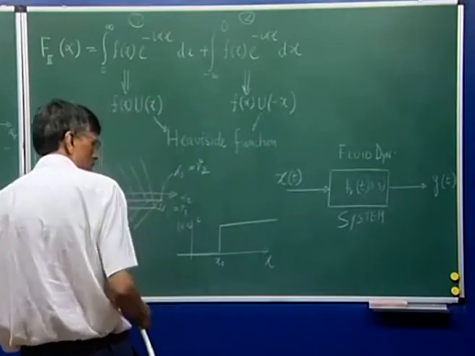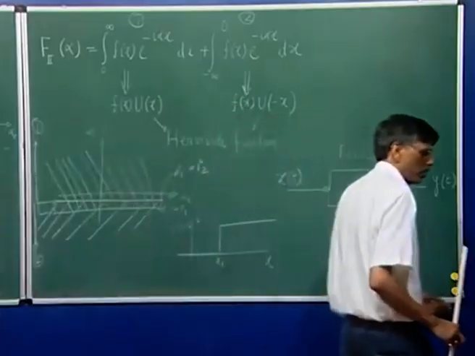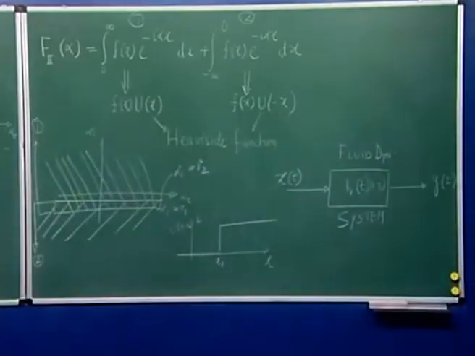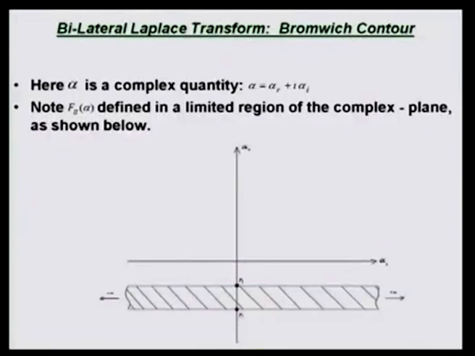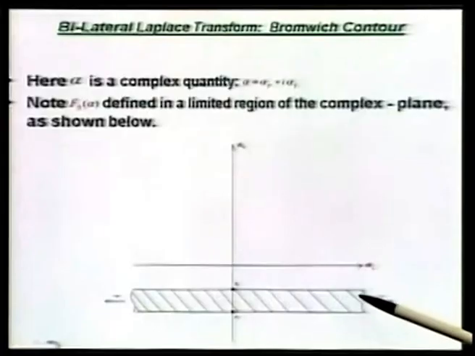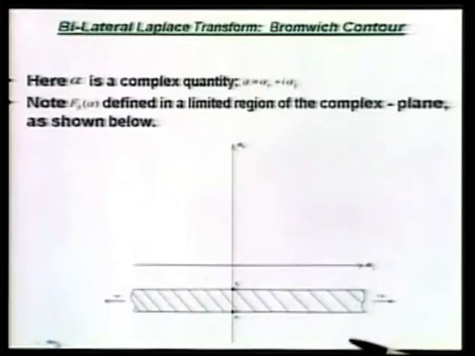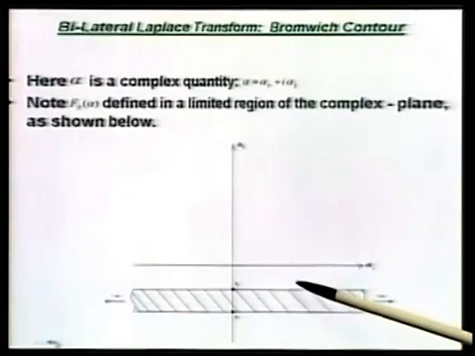Well, this is something that we keep in the back of our mind, that given a problem, we need to identify a Bromwich contour along a strip of convergence. So, this is the strip of convergence. Now you can see we have worked it out. A part is valid in this part, another part is valid in this.